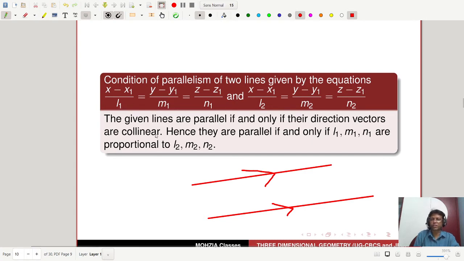So the components l1, m1, n1 and l2, m2, n2 must have proportional ratios, right? So l1 by l2 equals m1 by m2 equals n1 by n2. Got it? So this is the condition for parallelism.